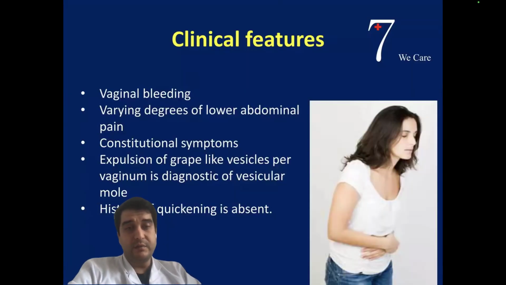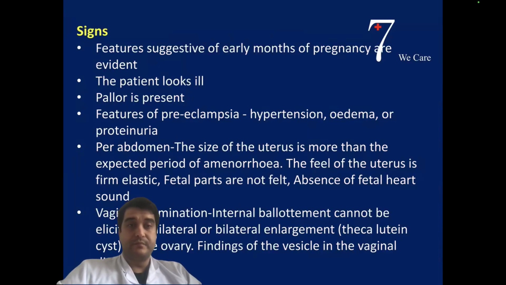Clinical features: vaginal bleeding, varying degrees of lower abdominal pain, constitutional symptoms, expulsion of grape-like vesicles per vagina, which is diagnostic of vesicular mole, and absent history of quickening. Signs: fetal signs at lower months of pregnancy are absent. The patient looks ill, pallor is present, features of preeclampsia.